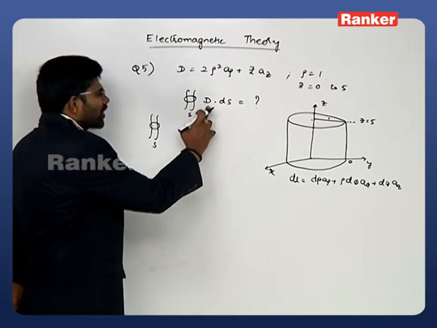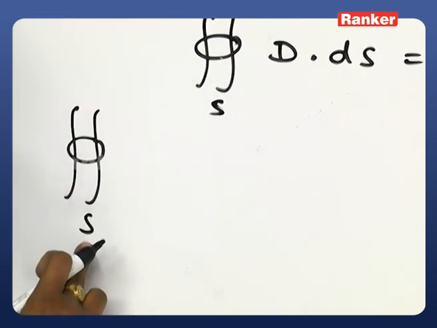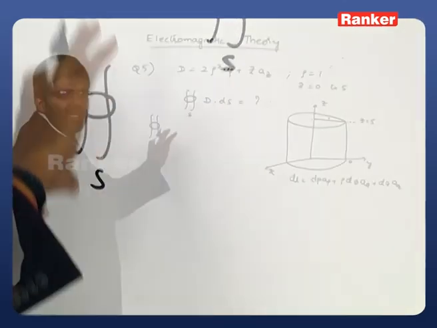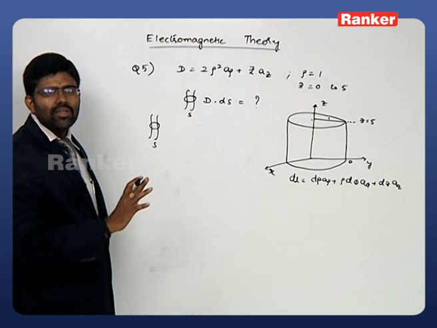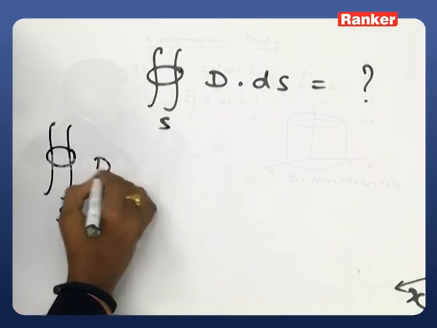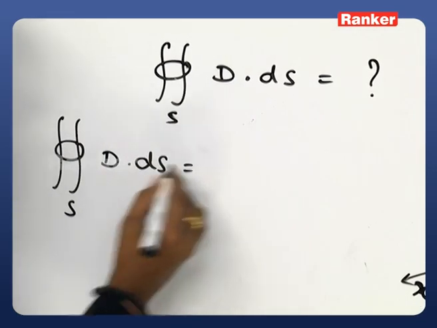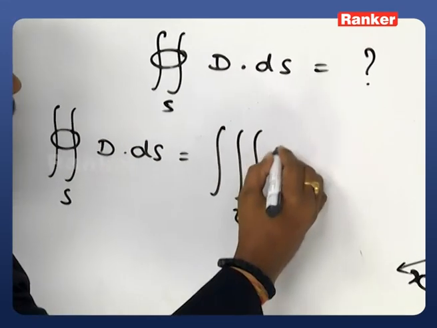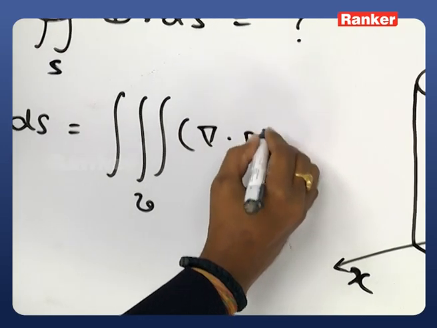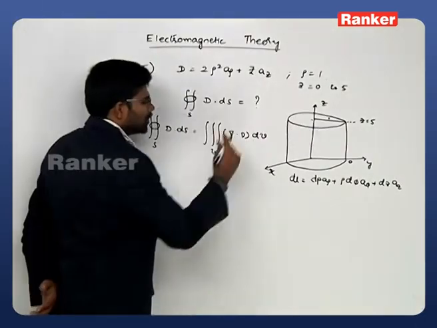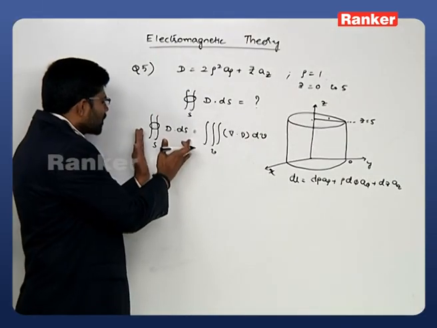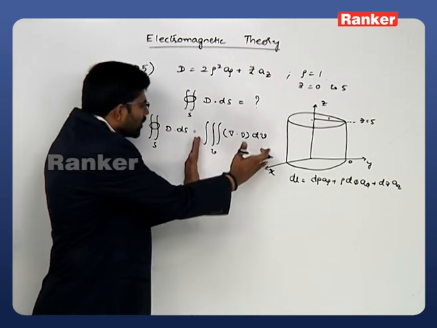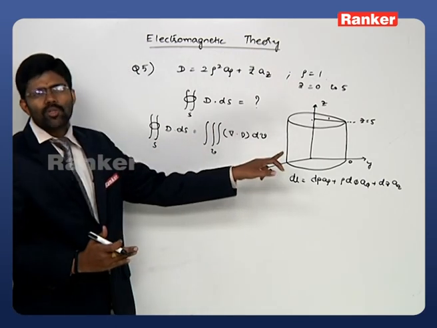Here D is a vector, and since it is calculated over a closed surface, you can use the divergence theorem. So directly using the divergence theorem, the closed surface integral is equal to the volume integral of del dot D dV. So instead of calculating over the closed surface, if you calculate the volume integral, this problem becomes very easy.